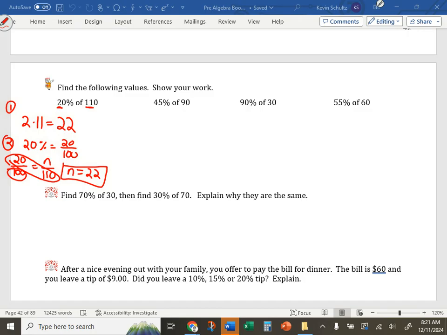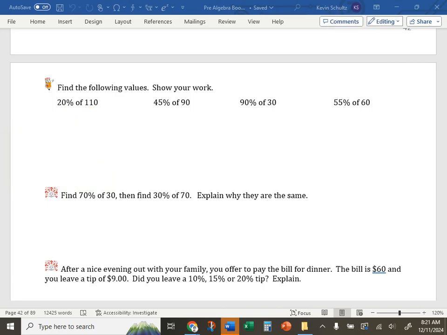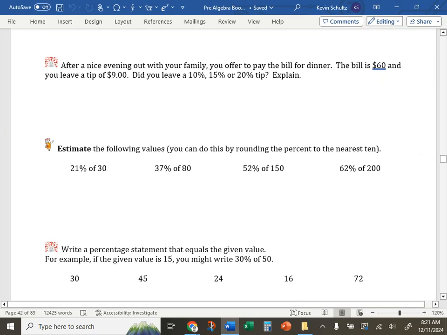Kelly. The one about the family going to dinner. Okay, so for this one, the bill is $60, and you leave a $9 tip, you need to decide if that $9 represents 10%, 15%, or 20%. So let's just kind of play around with this a little bit.